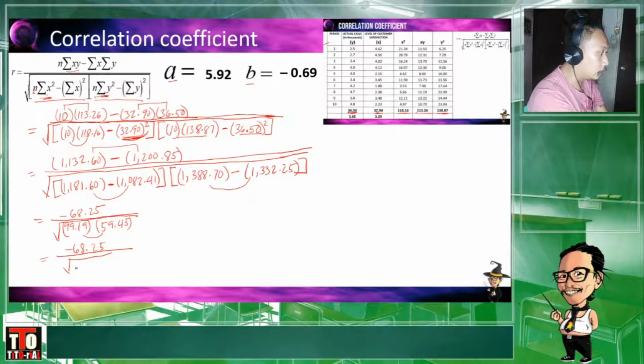We will have a value of 5,896.85. Okay? So, again, 5,896.85. Okay, next. So, negative 68.25. Now let's take the square root of 5,896.85. So, we will have a value of 76.79.